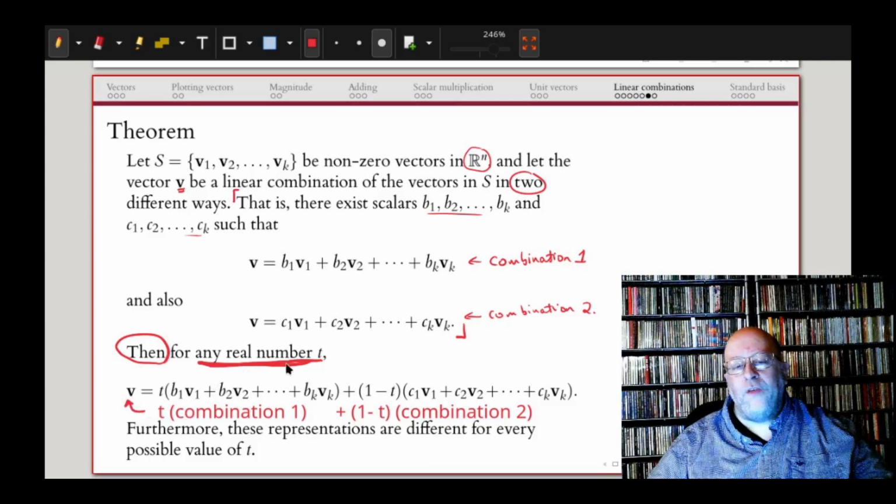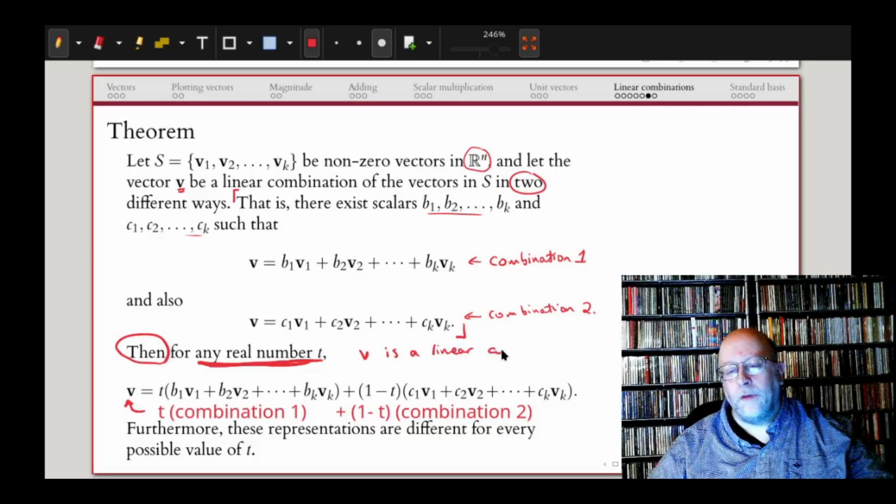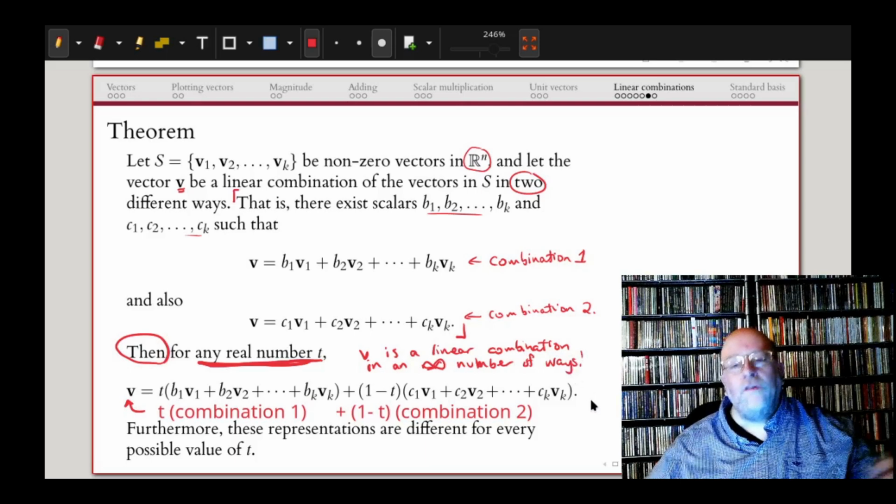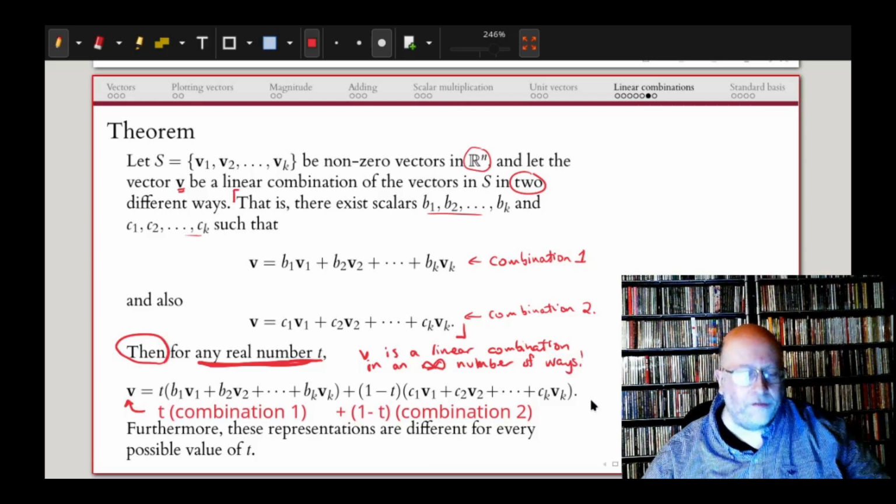And because we can do this for any real number t, v is a linear combination in an infinite number of ways. Not just two ways, but an infinite number of ways.